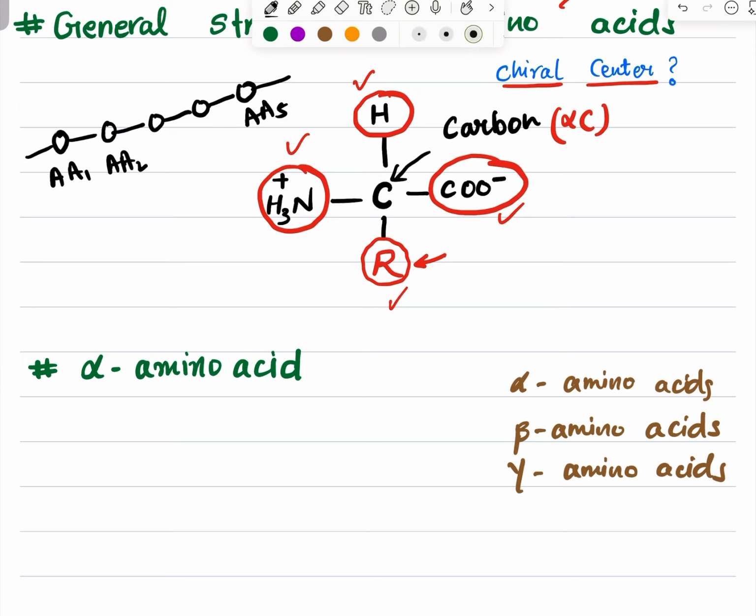Each amino acid is attached to the next with the help of a bond called a peptide bond. So this is the general structure of amino acids, having 4 different functional groups attached, and this carbon is called the alpha carbon. And this is the structure of a polypeptide, which is made up of amino acids.